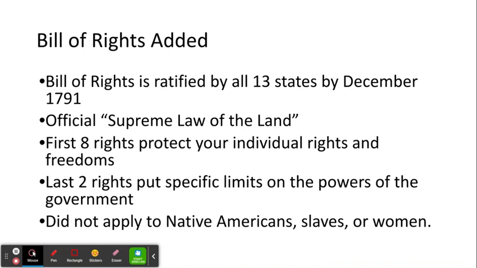Slaves were used to benefit the slave states, but they themselves were completely eliminated from voting. And of course, women were not allowed to vote either. So this new constitution was a big step forward in human history. But at the same time, those benefits only existed at first for property owning white men. And that's an important thing to keep in mind.